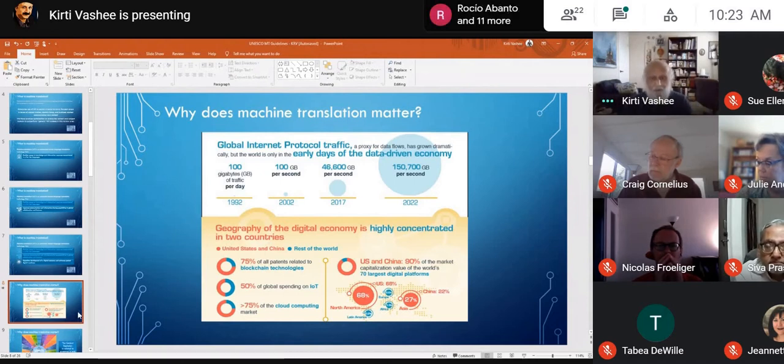But when we look at the concentration of the economic value created by this, and the access to the most valuable information in this, you see that it's very, very heavily concentrated with two countries, the United States and China. They dominate the geography of the digital economy.